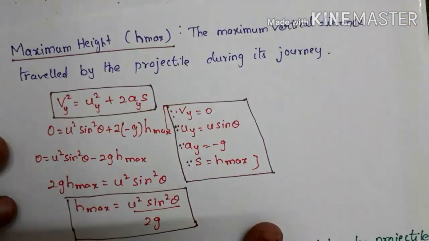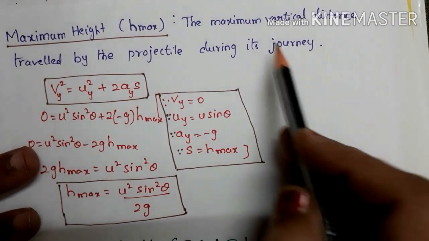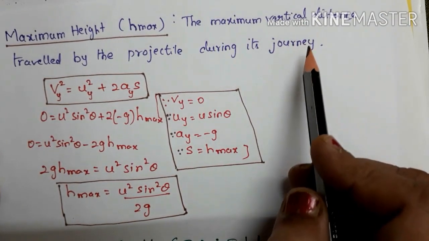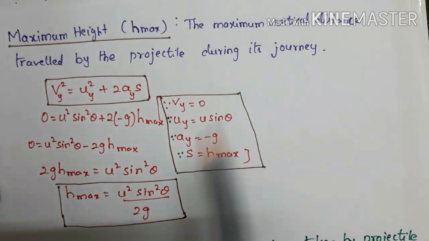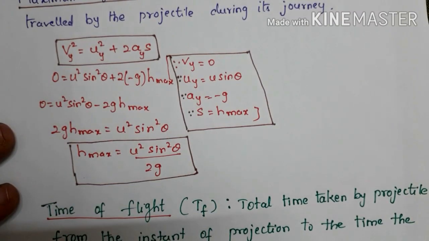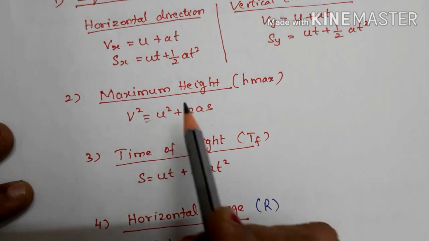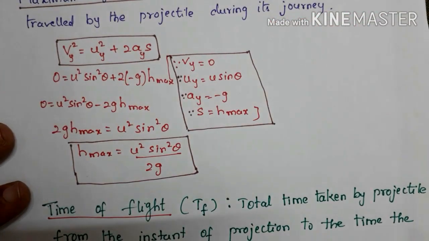Next we are going to derive the formula for maximum height, the maximum vertical distance traveled by the projectile during its journey. As already discussed, you are going to use the formula v square is equal to u square plus 2as.